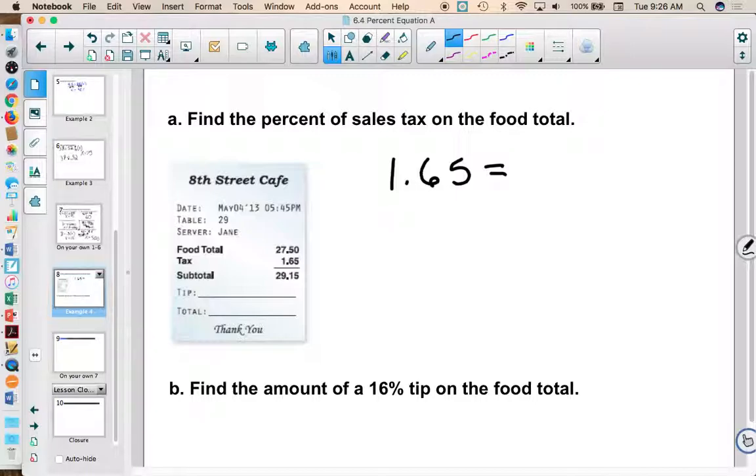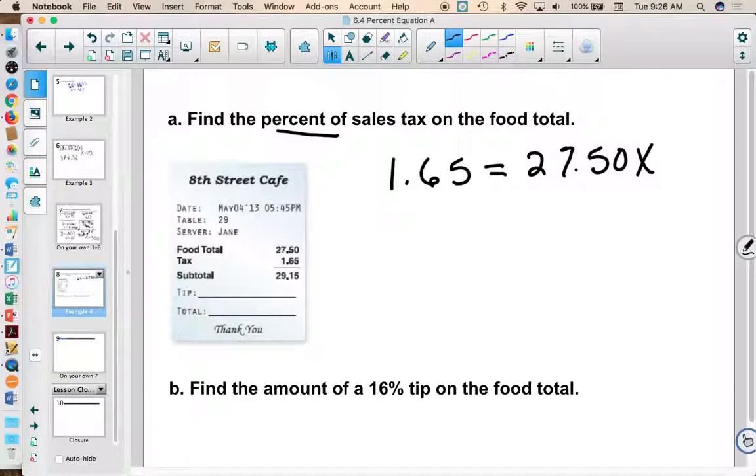No. The food itself was $27.50. So I've got $27.50 times X. And I need to know, because it says find the percent.